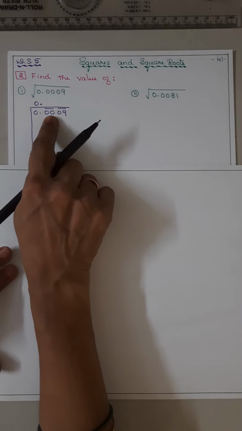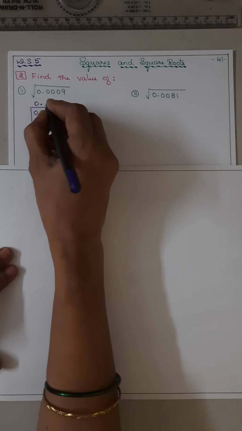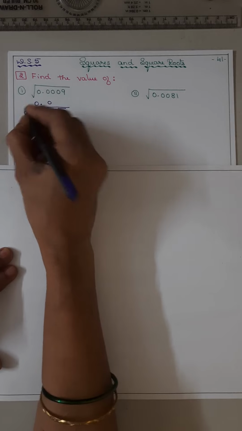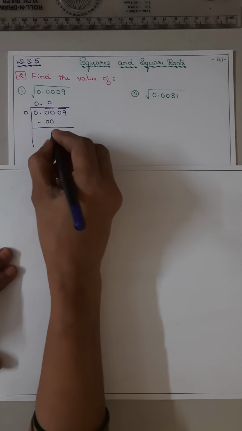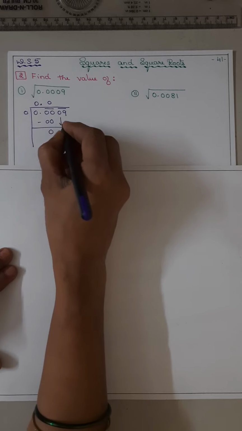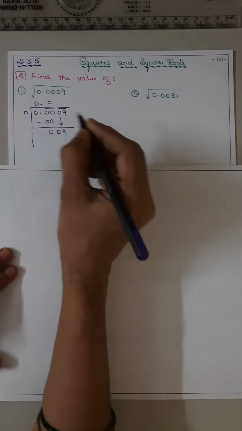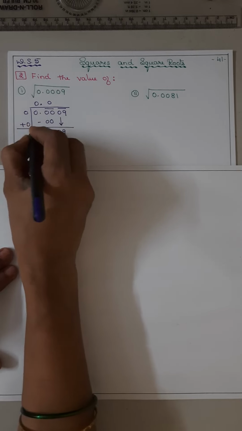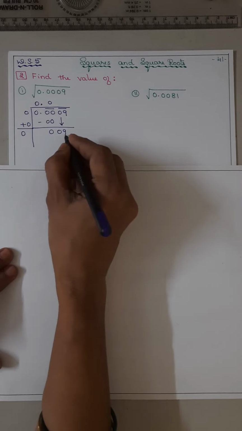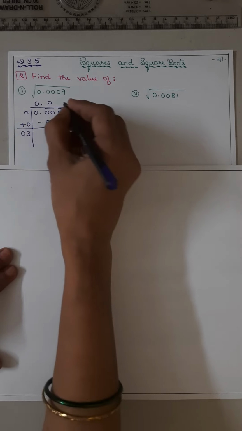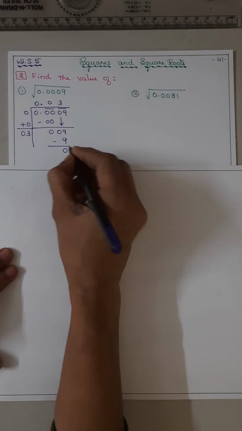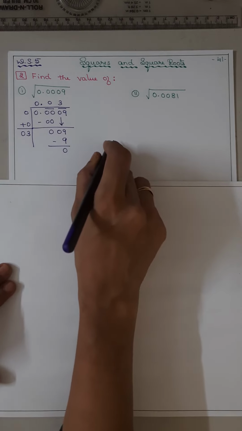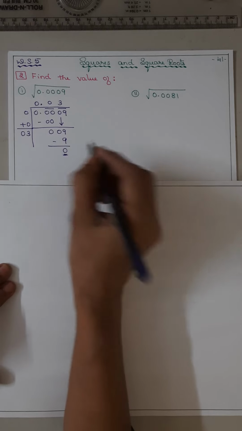Now these 2 zeros, so 0 zeros are 0. When you subtract, bring 09 down, add 0, it will be 0. Now it is 9, exact. 3 3s are 9, so you got 0 as the remainder.